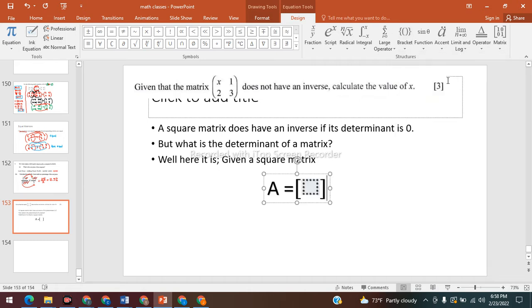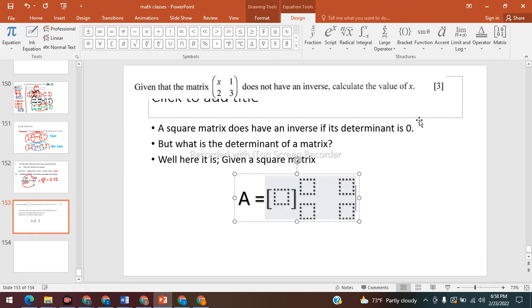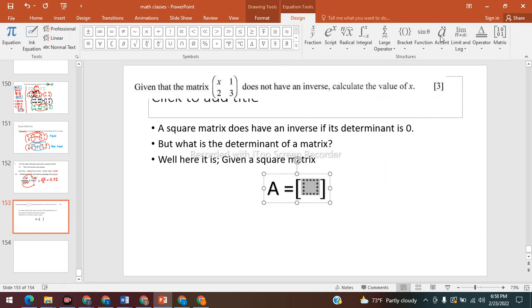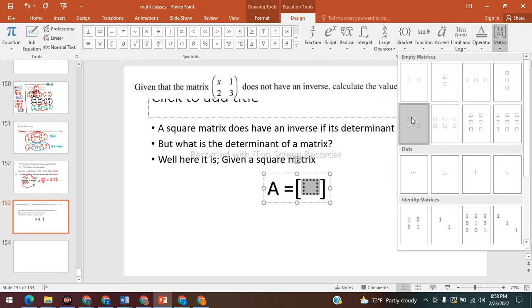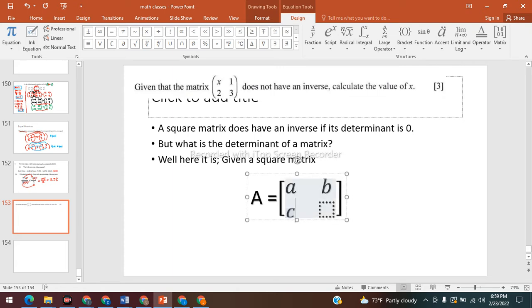Okay, there we go. Now let's insert it. Okay, so A, B, C, and D.